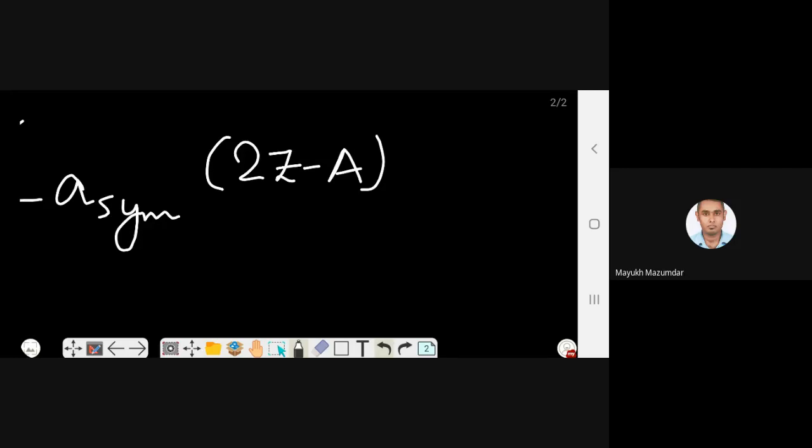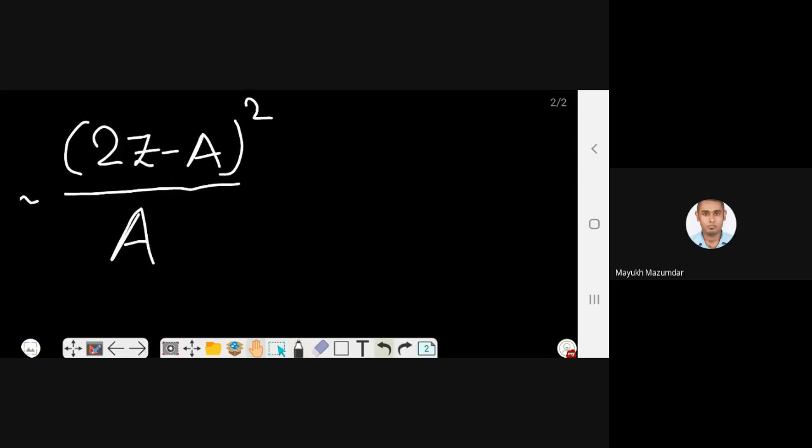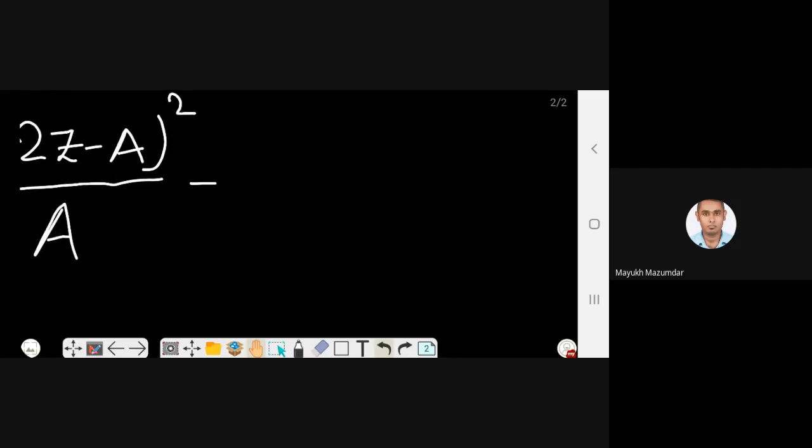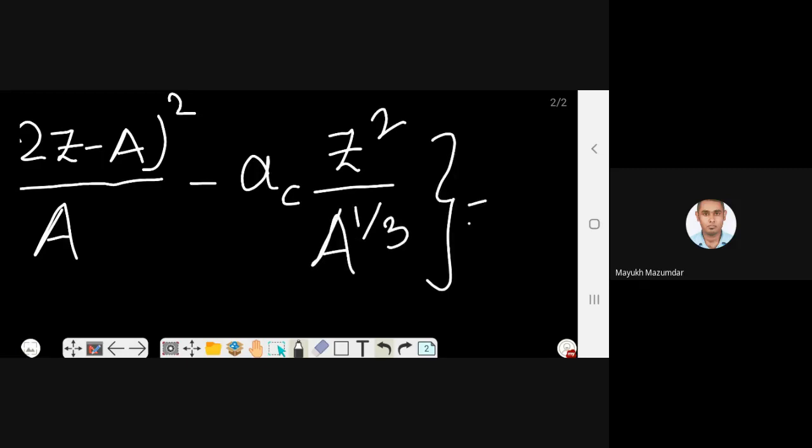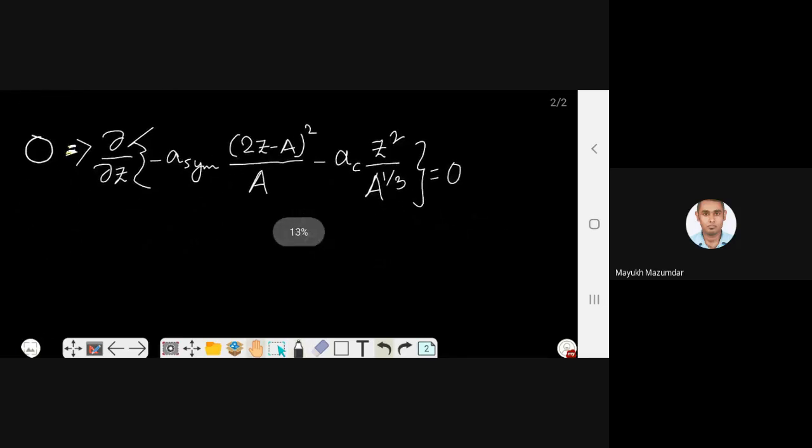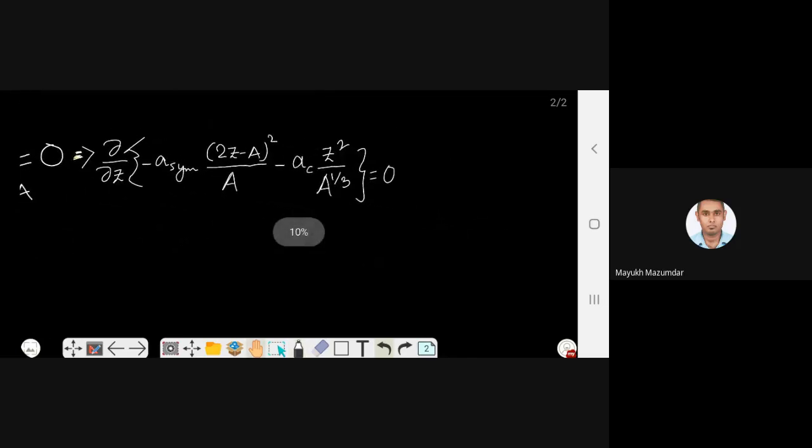Yeah, (2Z minus A) whole squared by A, minus a_C Z squared by A to the one third. This equals 0. This is what we would be doing.